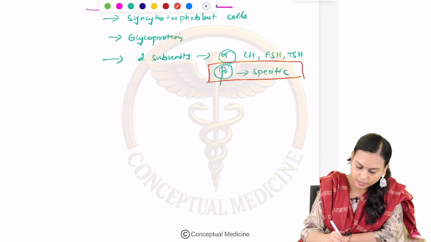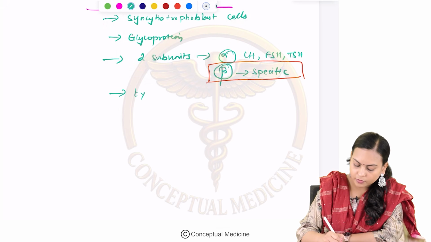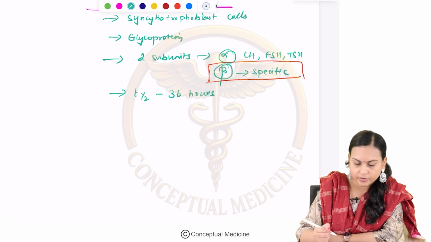Okay. Then, what is the half-life of the hormone? It's around 36 hours.